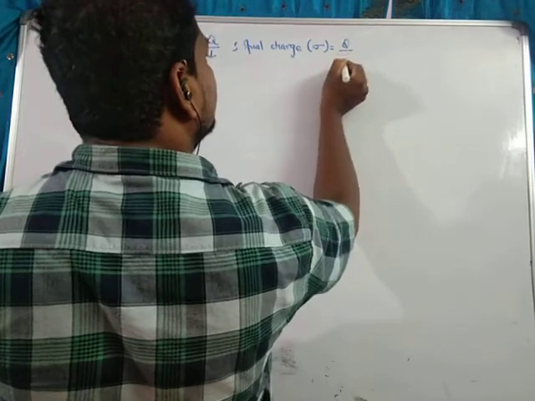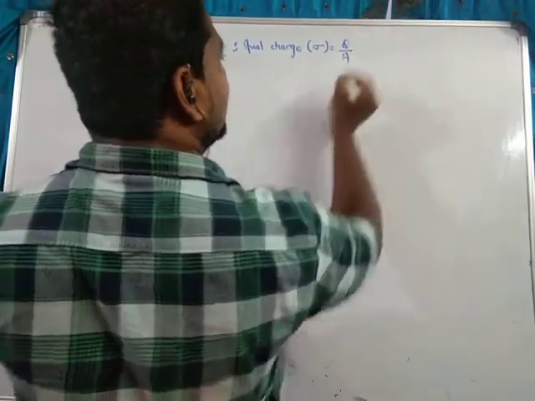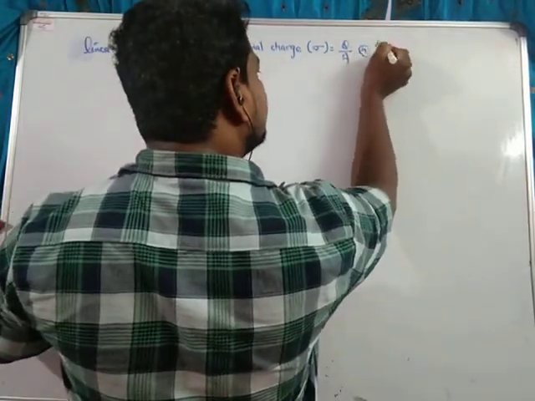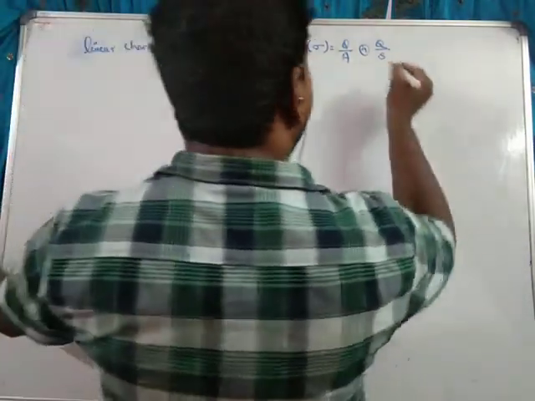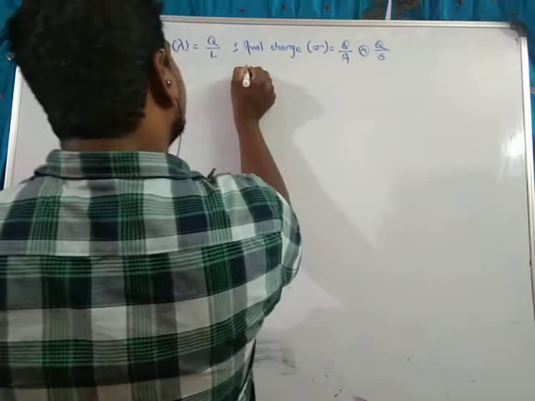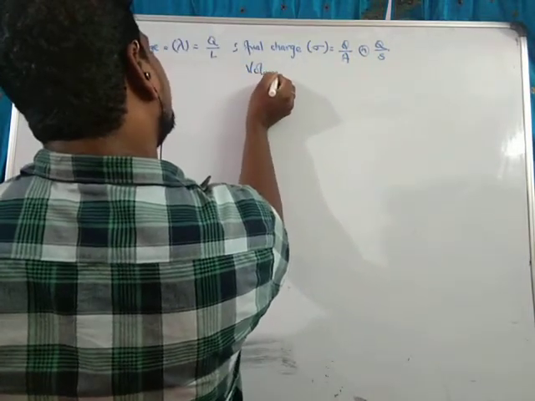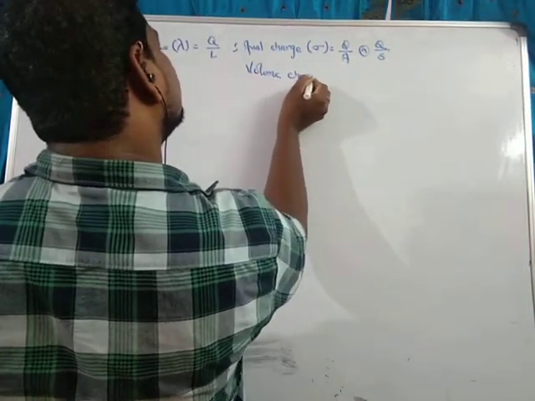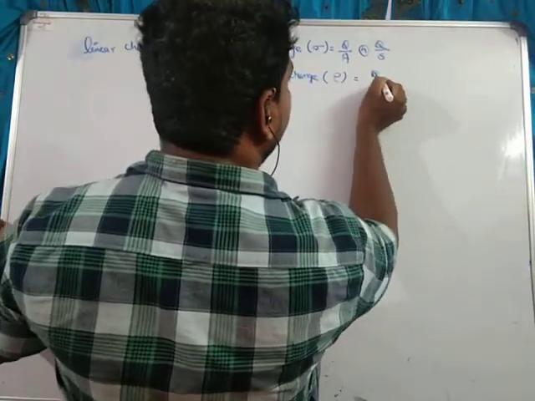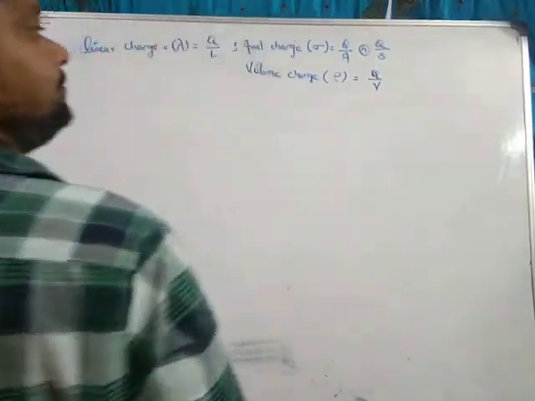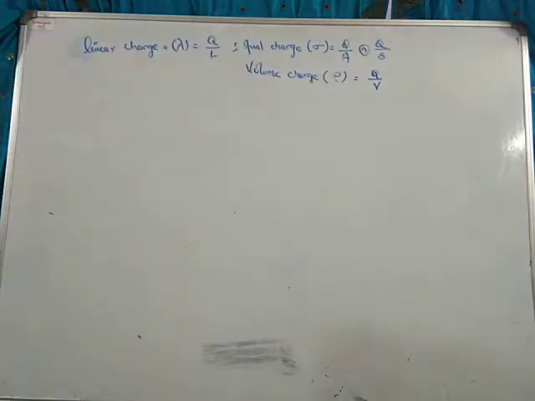Sigma is equal to charge upon area. In some cases we define it as charge upon surface. And the third one, volume charge distribution, is denoted with rho. Rho is equal to charge upon volume. So these are the three definitions.